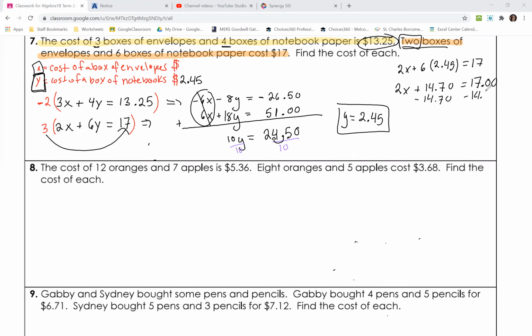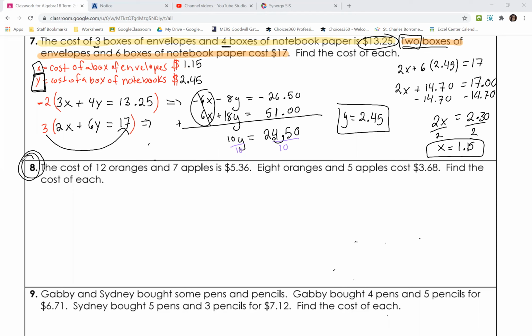So I'll have 2x equals 230. And then I divide by 2, x equals $1.15. So the cost of the envelopes is $1.15.